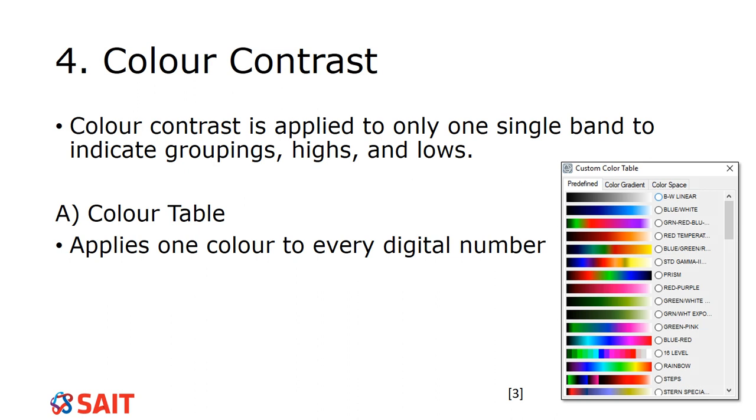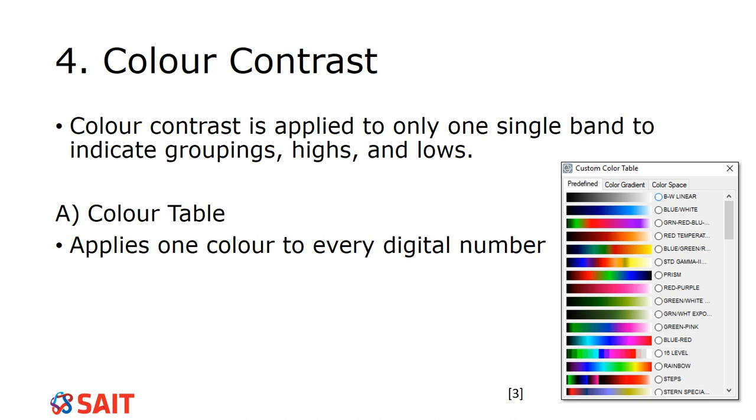We do a lot of these with thermal imaging. For example, the color table. The color table applies 1 color to every digital number. So if I'm looking at a thermal image, I'm looking at temperature, and every degree has a different color. All those rainbow images that you see for thermal aren't actually what they look like when you get them. They're actually black and white.